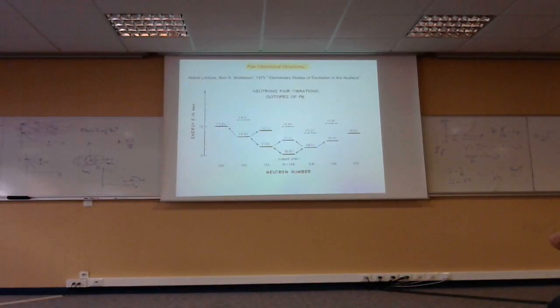And the characteristic of a phonon is a linear dependence of energy with the angular momentum, or in this case with the number of particles or pairs from the closed shell. And you see that the ground states of these systems do indeed follow a linear pattern near lead 208. So proportional, and we will explore this afternoon.